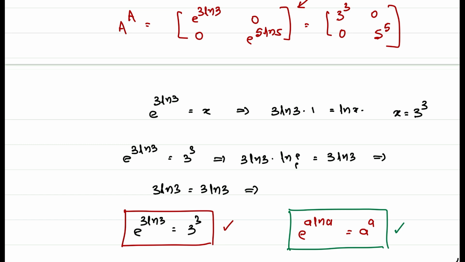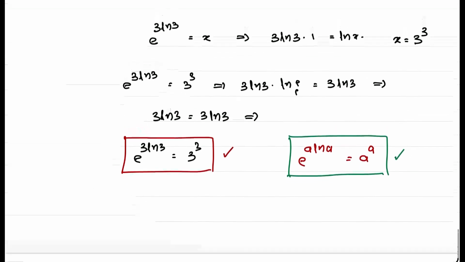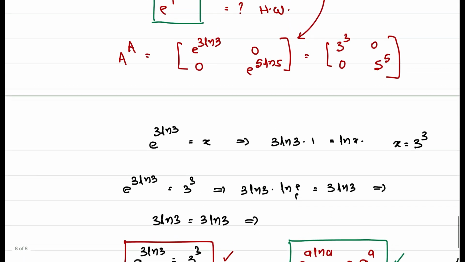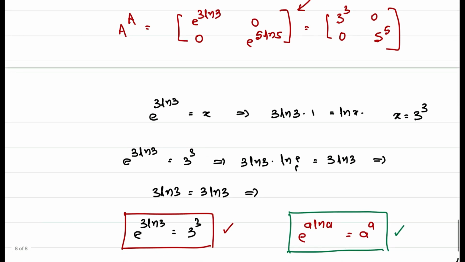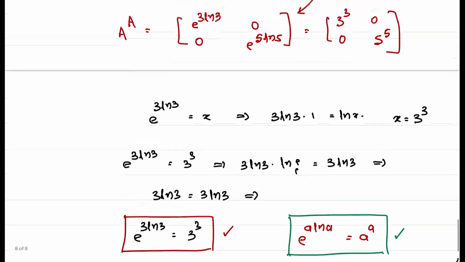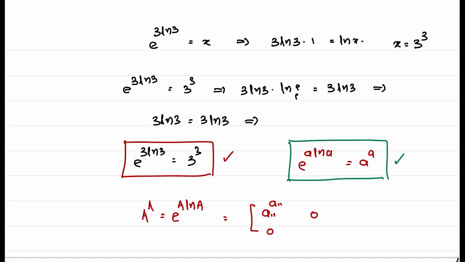the given matrix is diagonalizable, then A to the power of A is equal to, this is another concept which we have to see, e to the power of A ln A. If a diagonalizable matrix is there, then it can be written as A to the power of A is equal to e to the power of A ln A. This can be written as a11 to the power of a11, 0, 0, a22 to the power of a22.